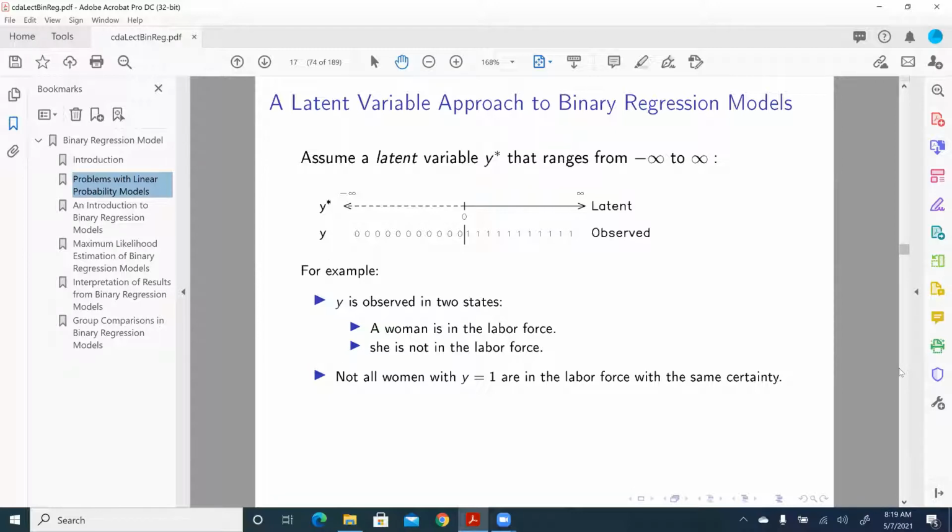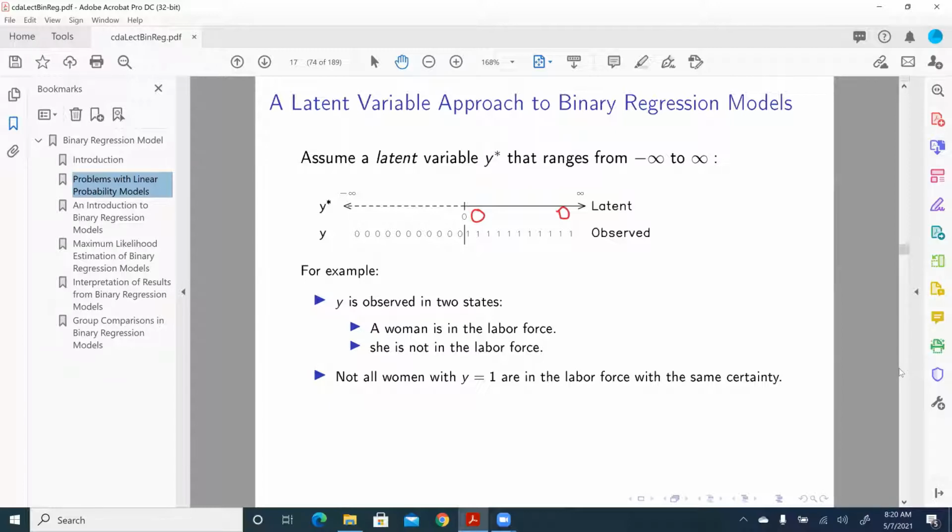So for the first woman, y star is probably somewhere here. And for the second woman, the propensity, or the y star, is pretty close to the threshold. A little bit of force, a little bit of a factor here could push her through the threshold and become 0 for observed y.